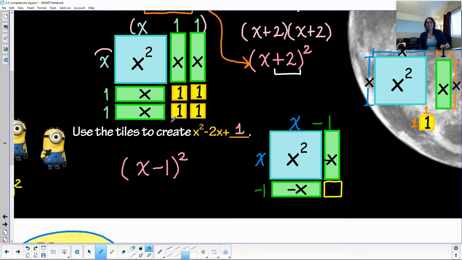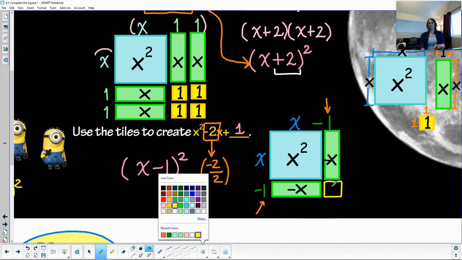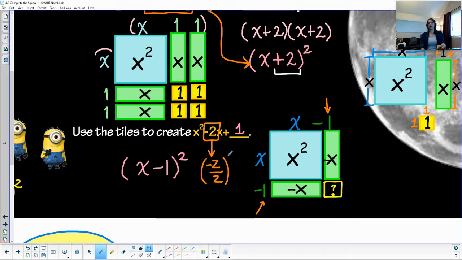So you can kind of see on all of these different tiles that I've been using, every single time we basically took this piece, the B, and we split it in half because we put 1 on each side. And then in order to get to this piece in here, we squared that number.